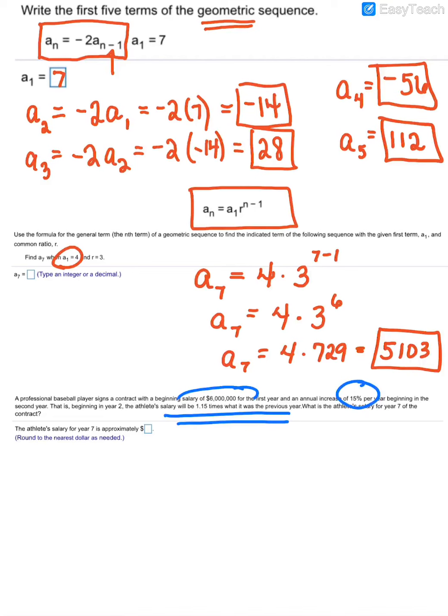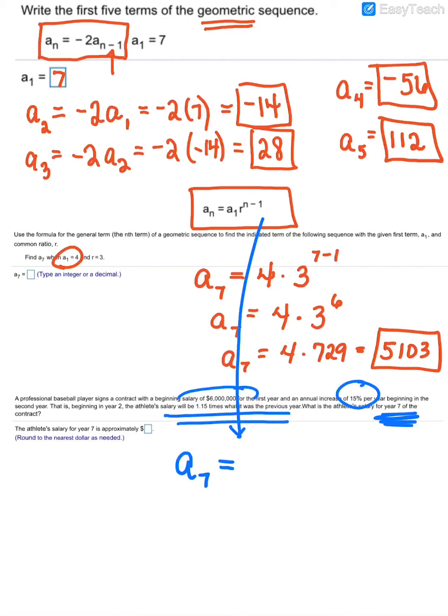If they were saying that they just get a flat amount added to their salary each year, say an extra million each year, then that would be arithmetic. In this case, we have something that's geometric, and we are looking for what the salary would be in year 7. Using our geometric formula, n is 7.